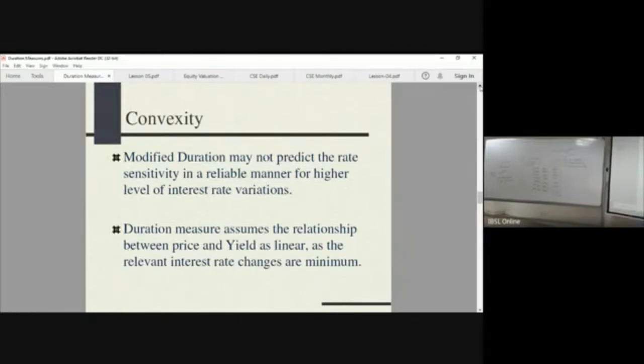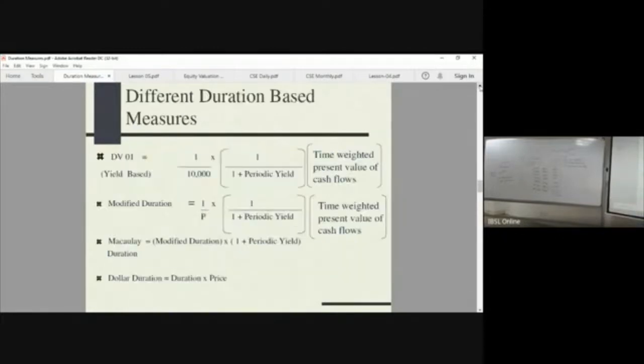When the interest rate change is higher, say, for example, a 3% interest rate change, 300 basis points, such bigger changes, the duration values may not be valid because they won't give a correct measure.